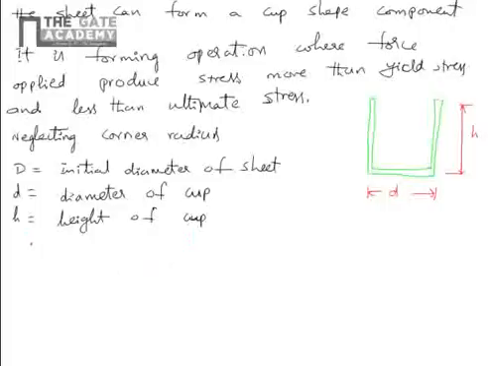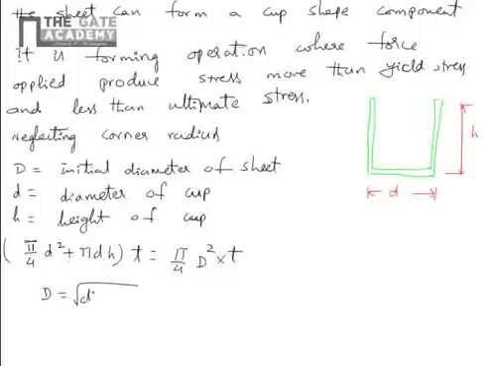Volume before and after remains the same. Based on that, volume is area into thickness: pi by 4 d square plus pi d h, into thickness, equal to pi by 4 D square into thickness. After simplifying, D equals root of d square plus 4dh.